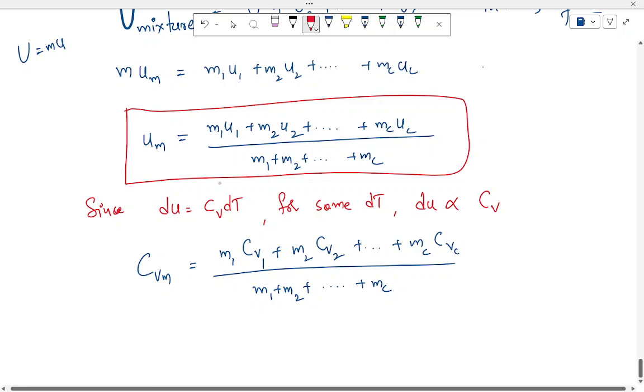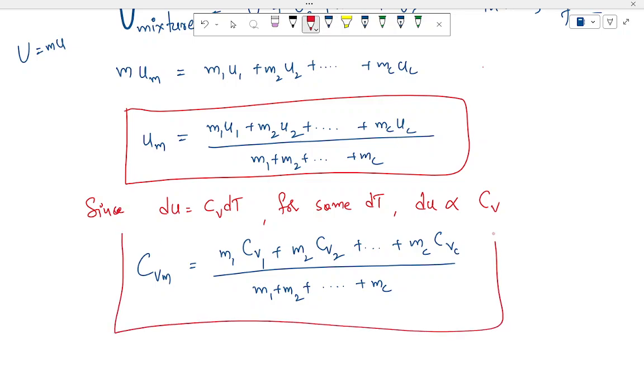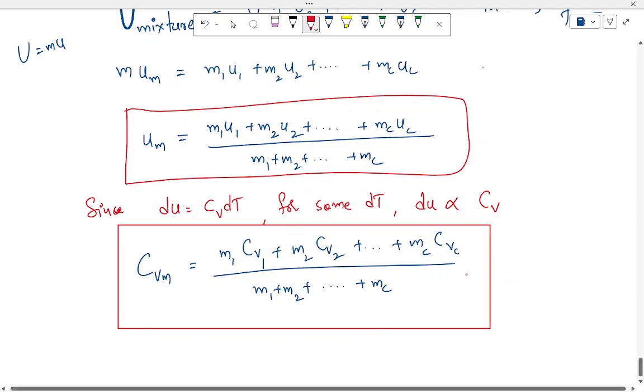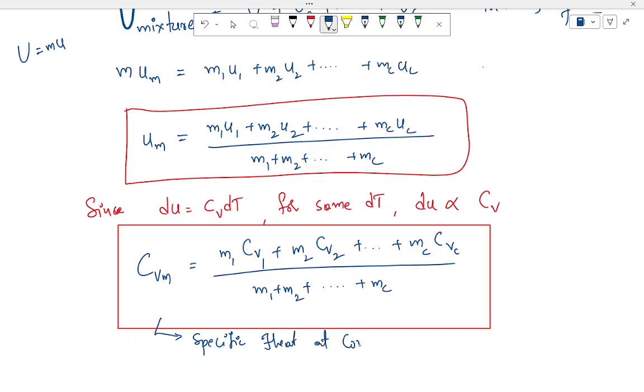So this will be the expression for my Cv of the mixture, that is the specific heat at constant volume.